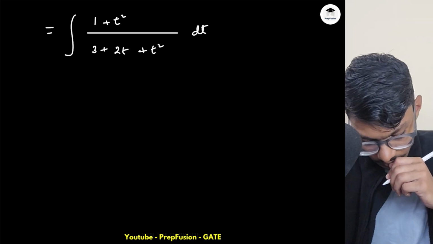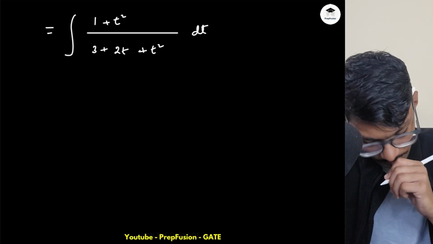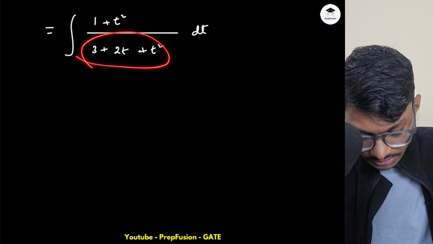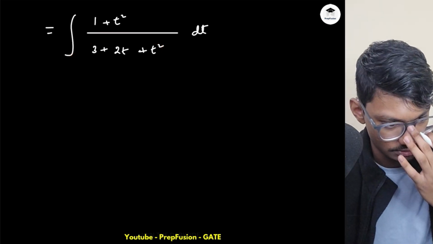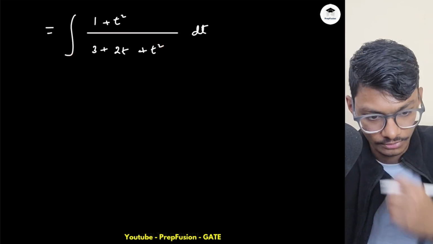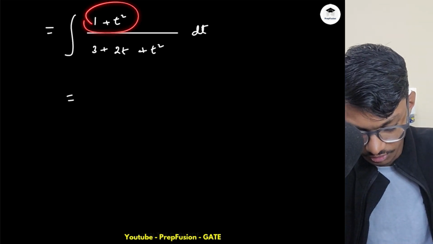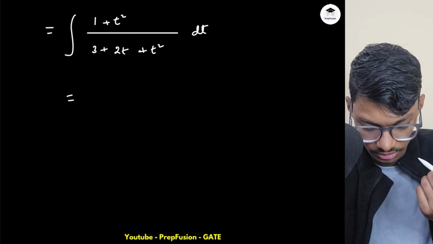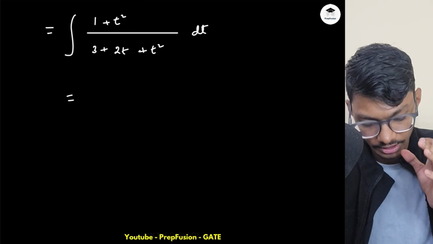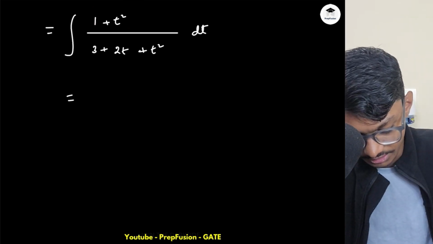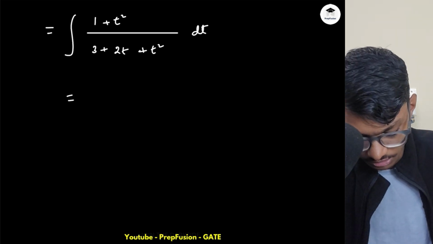So at this point, we can write this in terms of a summation of squares, like a square formula. This 1 plus t square, what is this? You can simply write it like this. Just hold on a second.